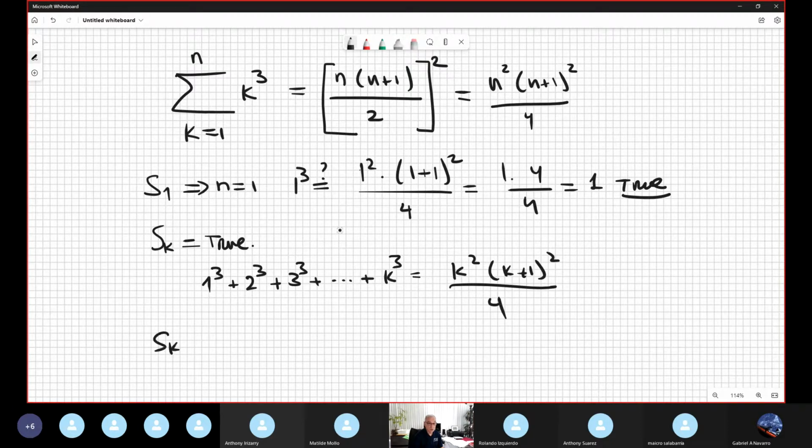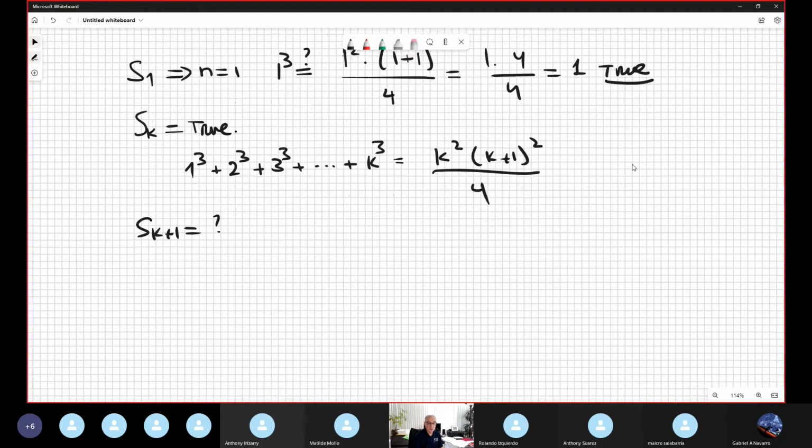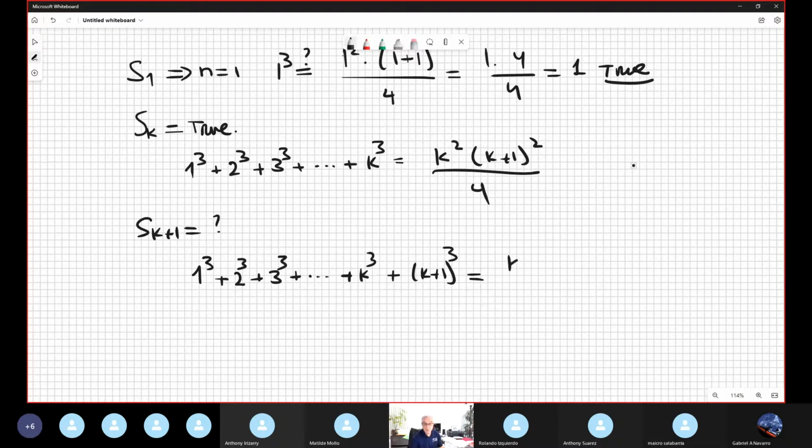Now S sub k plus 1 is the next. You include 1 cubed plus 2 cubed plus 3 cubed plus k cubed plus k plus 1 cubed should be equal to k plus 1 squared, because you replace in the right hand side k for k plus 1, k plus 2 squared divided by 4.